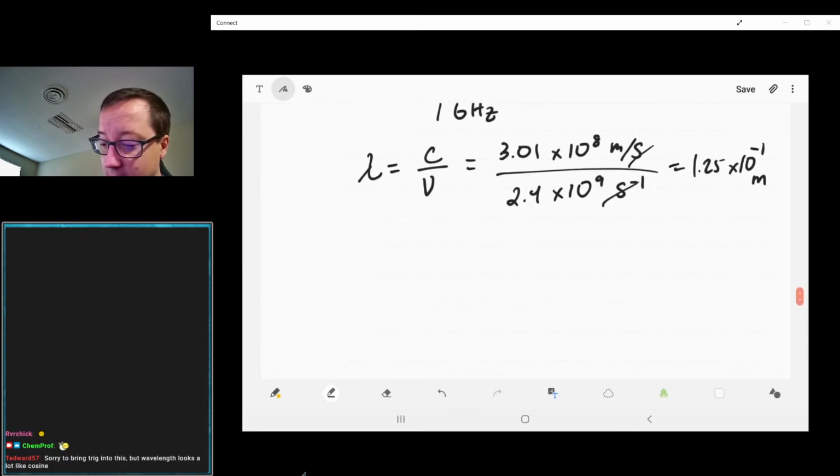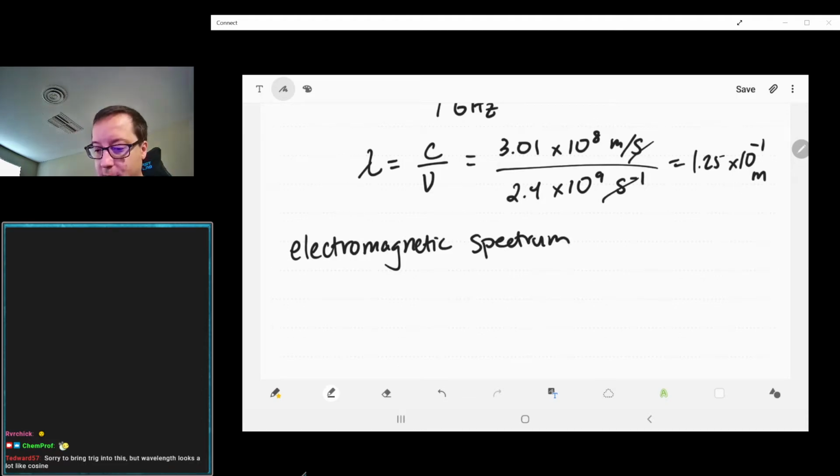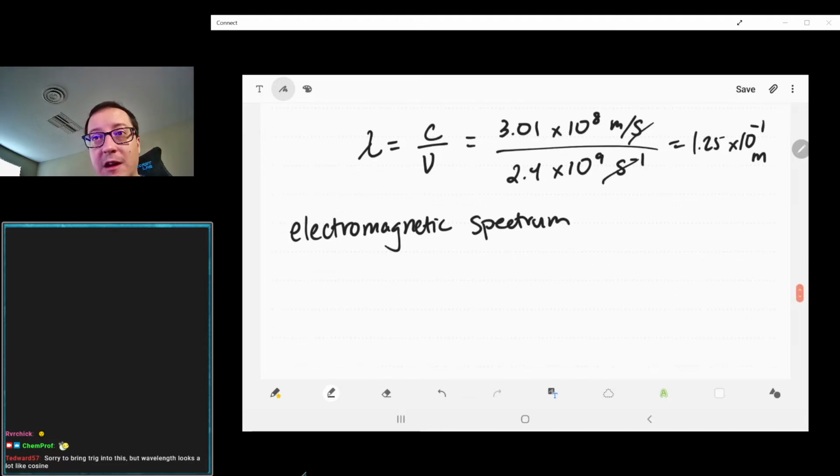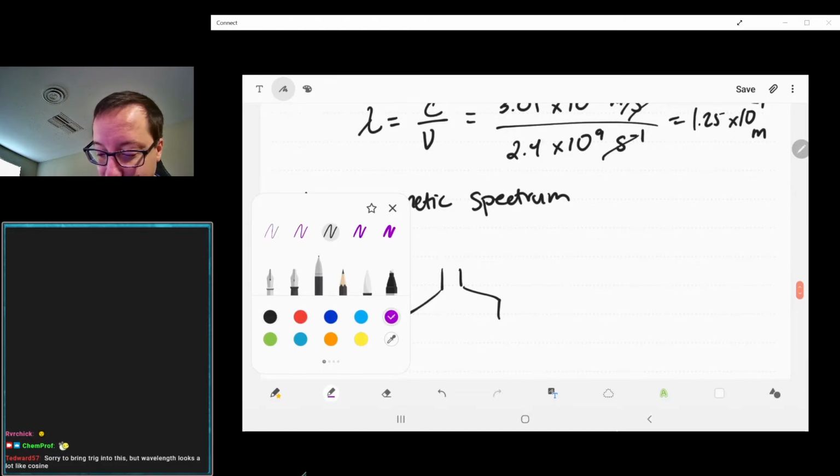Speaking of which, let's talk about the electromagnetic spectrum. So we're going to see that we can classify light according to the range that it falls in. Specifically, we like to take a look at one part in particular, which is the light that we can see.